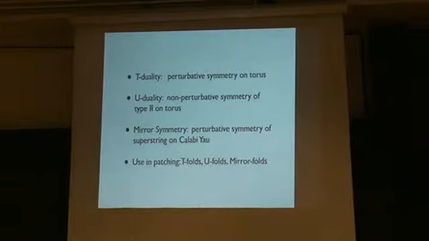There's mirror symmetry, which is the perturbative symmetry of the superstring on a Calabi-Yau manifold. And it's rather strange and peculiar that the symmetries we find are very specific to particular kinds of backgrounds. One of the key outstanding questions is that of understanding whether or not there are remnants of any of these on more general backgrounds.